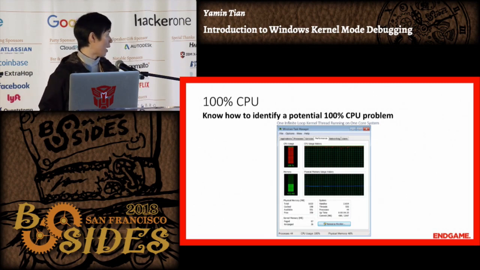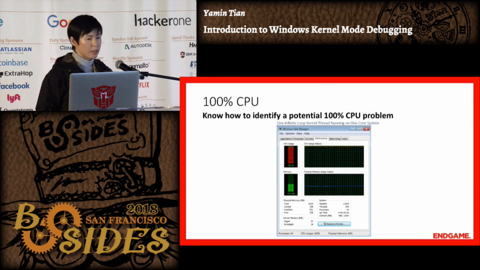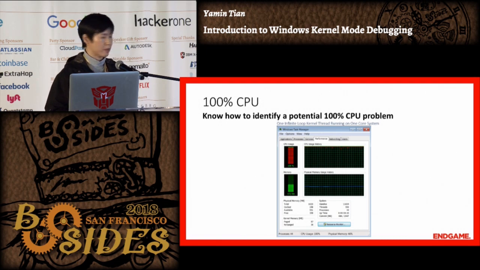So that's why I listed it first. It's easy to troubleshoot and easy to fix. But to begin with, it's a little bit complicated to figure out there is such a 100% CPU problem, because sometimes it may not be so straightforward to identify it.